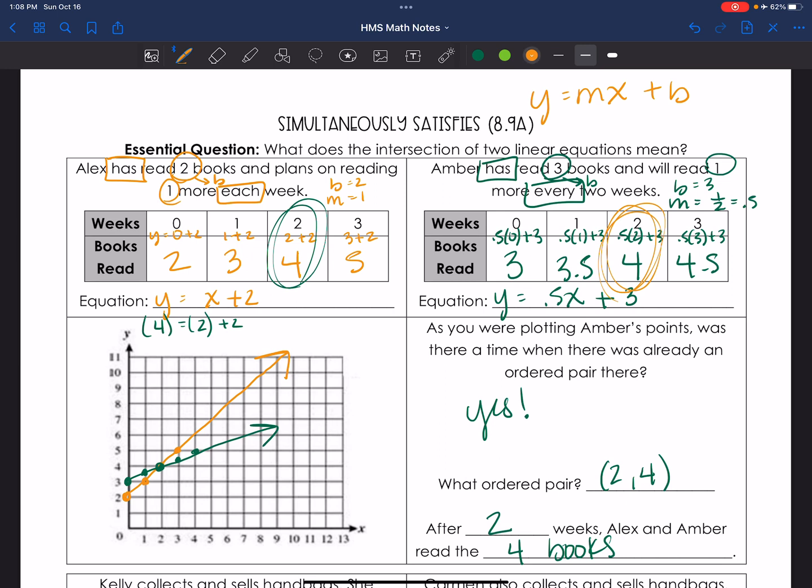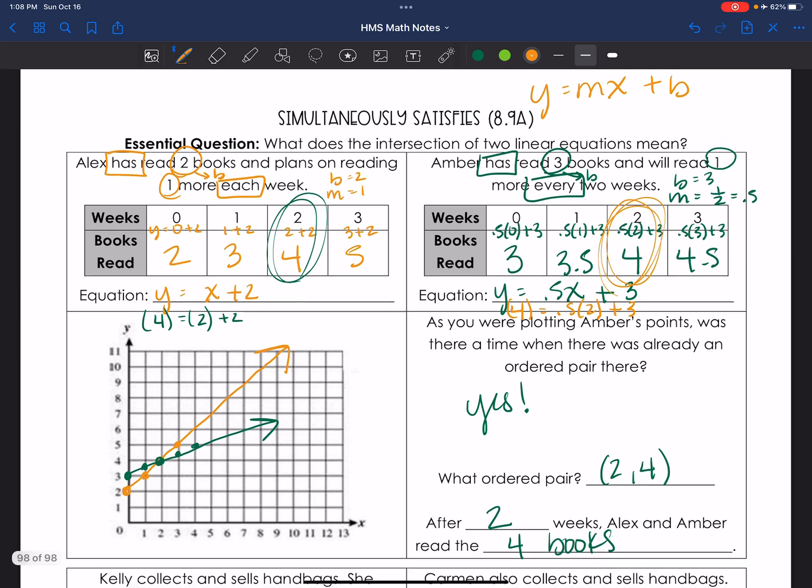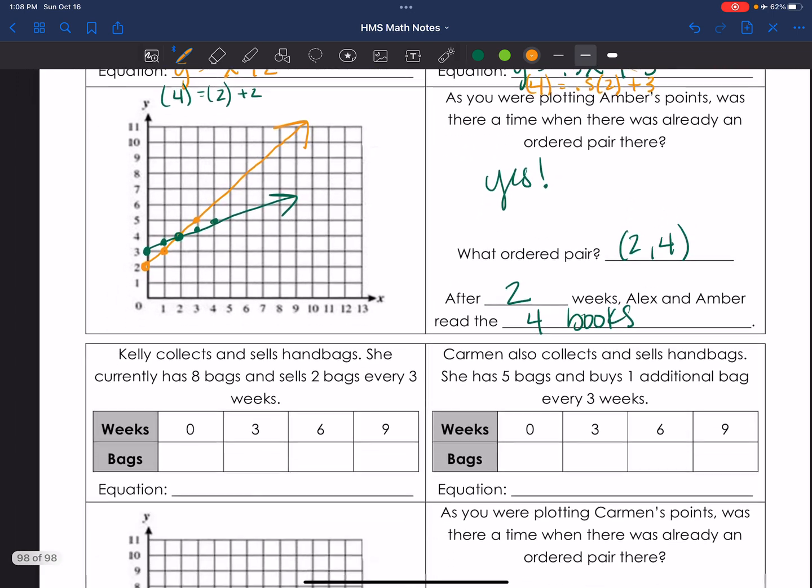If I substitute in 4 for y, 4 equals 0.5 times 2 plus 3. That does come out to 4 equals 4. So they simultaneously satisfy. The same x-coordinate and the same y-coordinate works for both equations, even though the equations are different. Cool, let's go through another example to really drill this in.